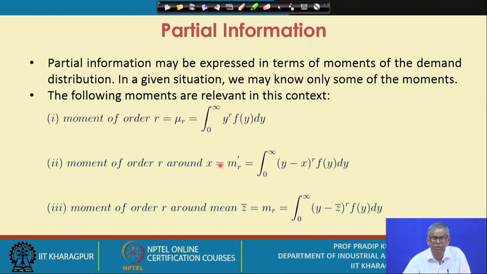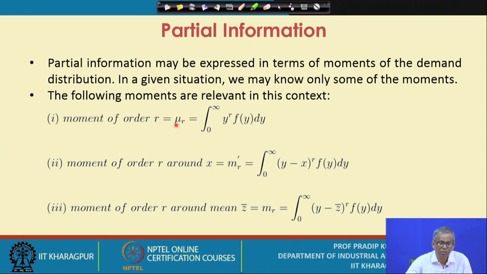In a given situation, we may know only some of the moments. So what is the common set of moments about the demand distribution that we should be aware of? How do you define the moment of order R?